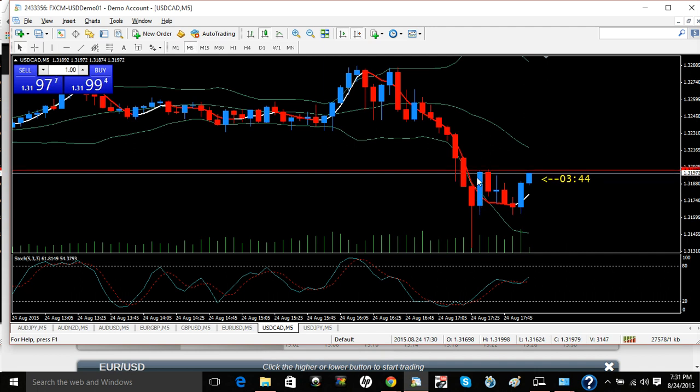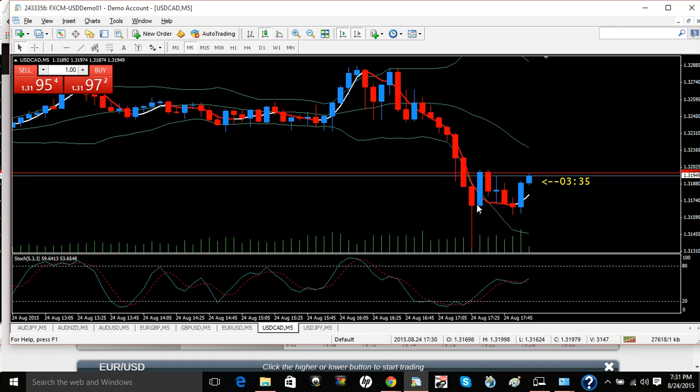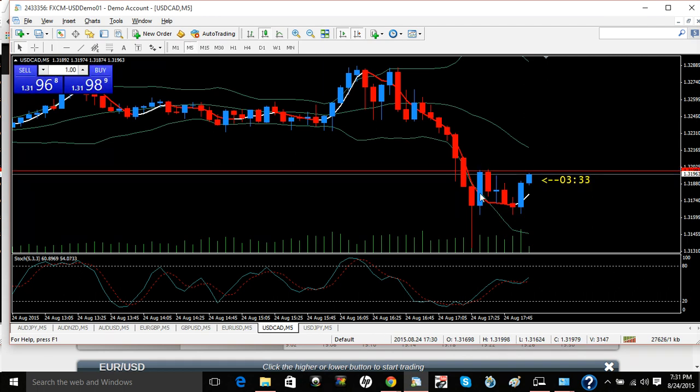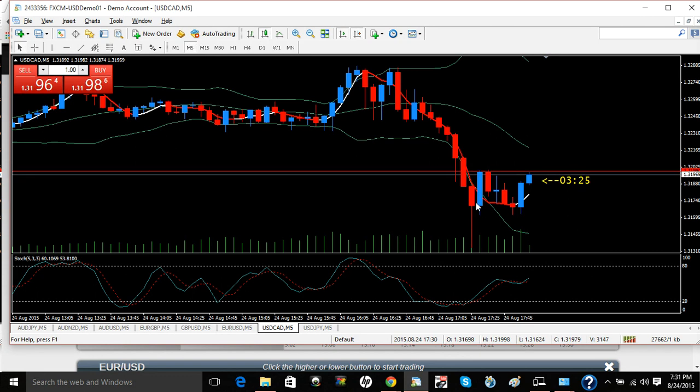Now here you see this blue candle shooting upwards and the next one shooting down, but you don't see that slope line changing color. And your stochastic is kind of doing something crazy down here. It did shoot back up, and you most likely would have won if you placed a trade at the beginning of this.